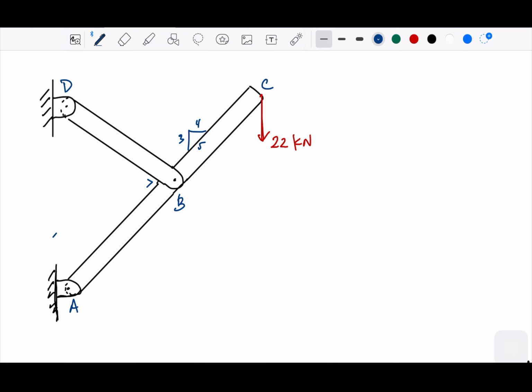And then there is a distance. This is 1.2 meter, and that one is 1.8. I think I drew it not really in proportion.